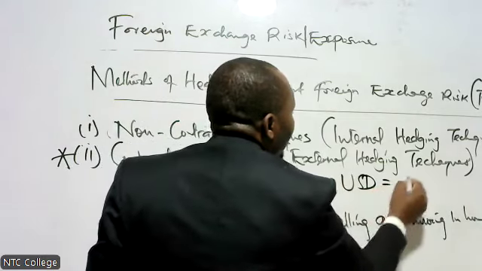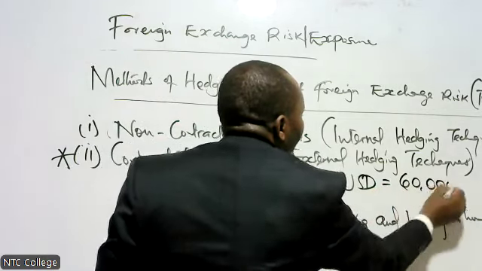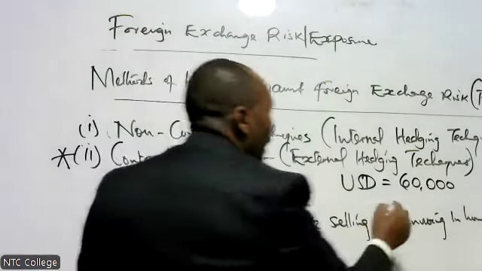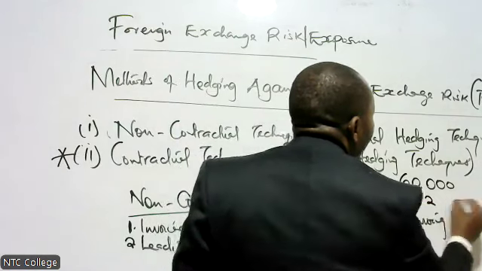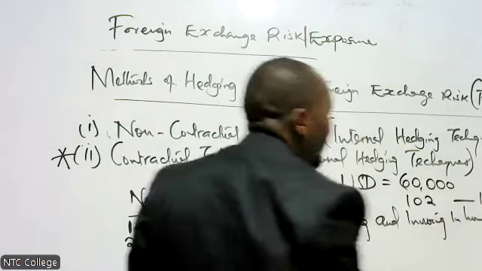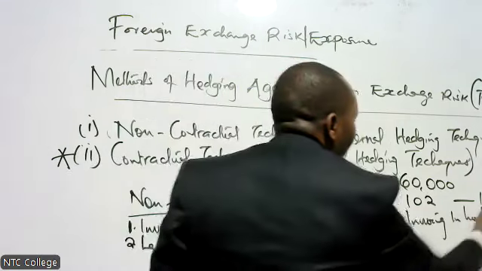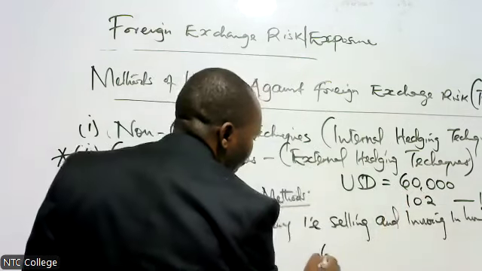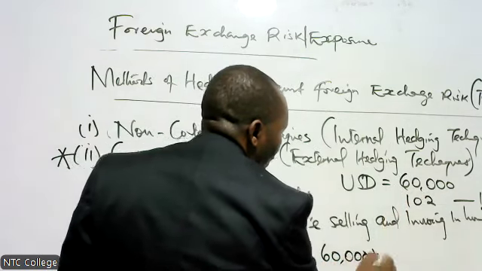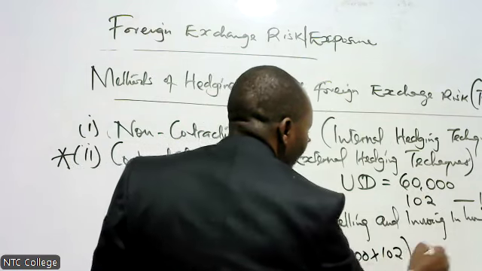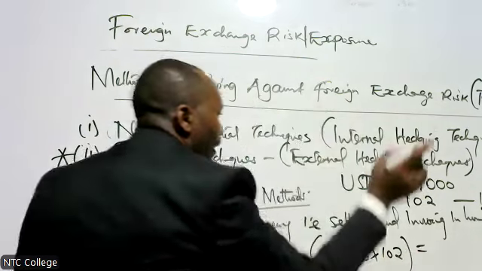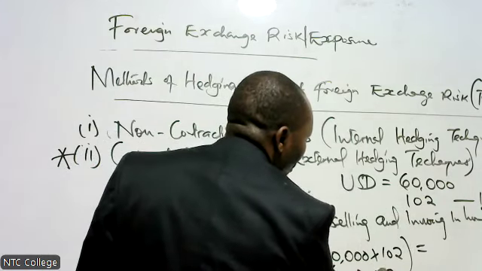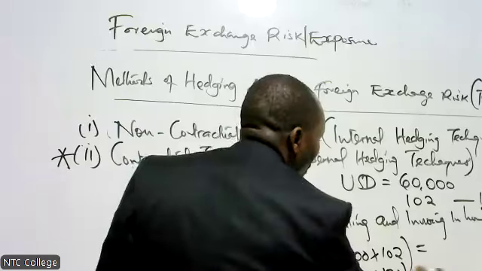And you are suspecting that the value of the currency, which is right now 102, will be 120 in 6 months' time, Kenya shillings. You decide to pay now, because if you pay now, it will be 60 times 102. But if you wait and pay after 3 months, you will pay 60 times 120, which will be more.